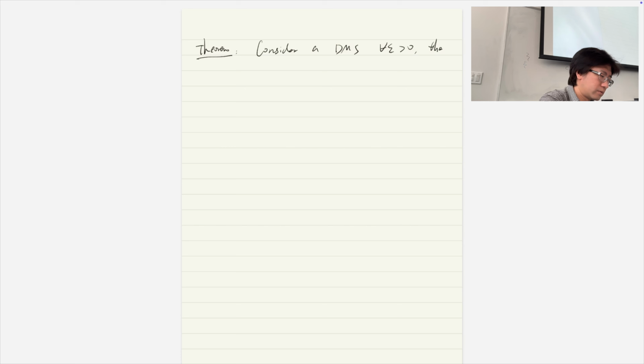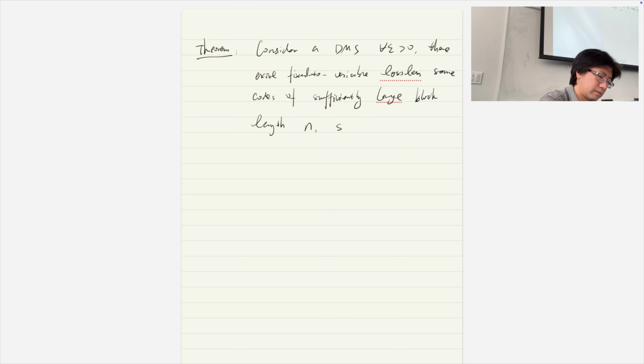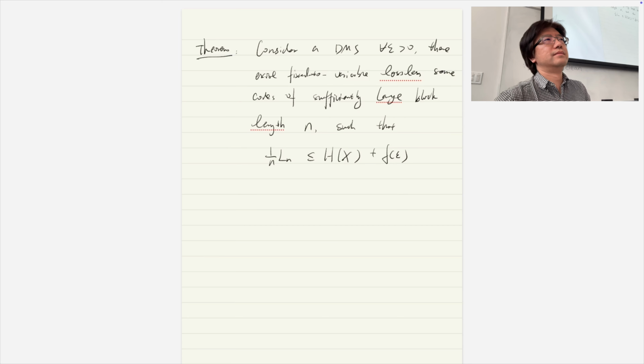For any epsilon bigger than 0, there exists a fixed to variable lossless source code of sufficiently large block length n such that the average length of the code would be less than or equal to the entropy of X plus some arbitrarily small number.